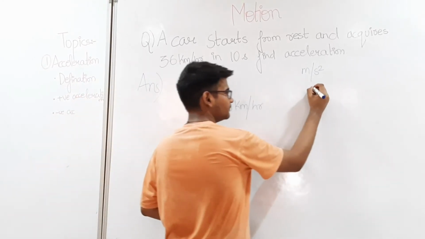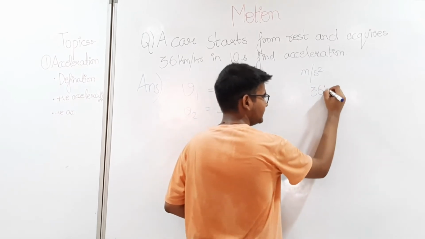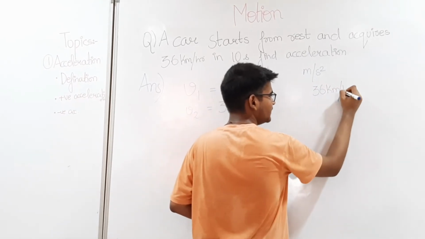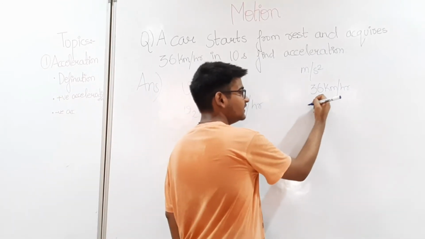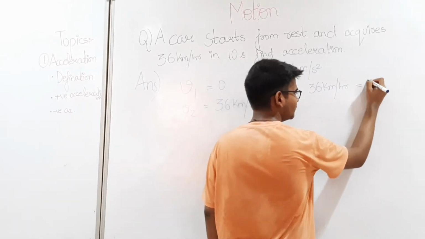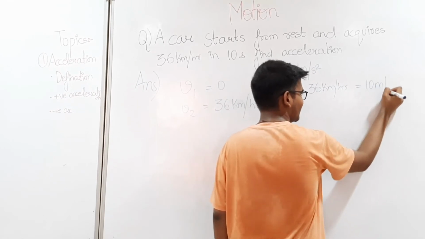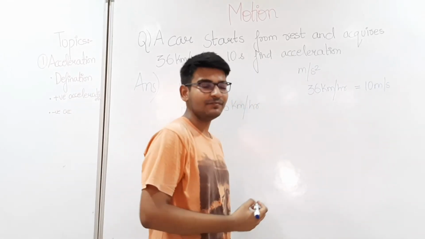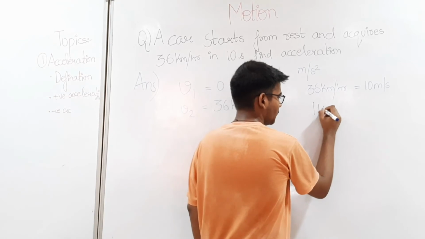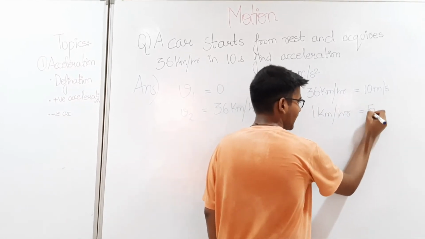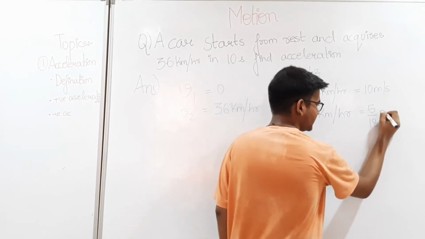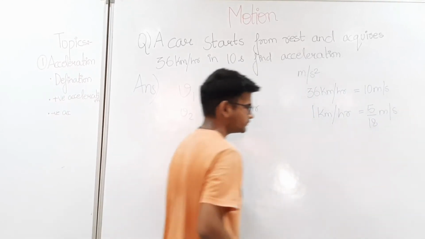When we have to convert kilometer per hour into meter per second, 36 km per hour is equal to 10 meter per second, or we say that 1 kilometer per hour is equal to 5 by 18 meter per second.